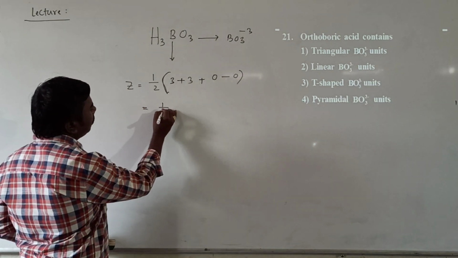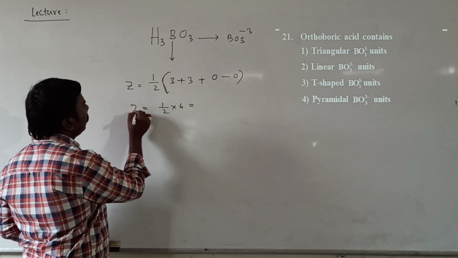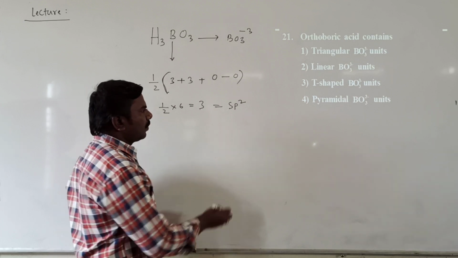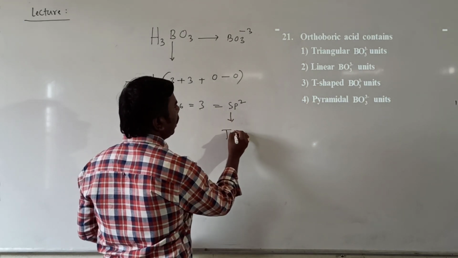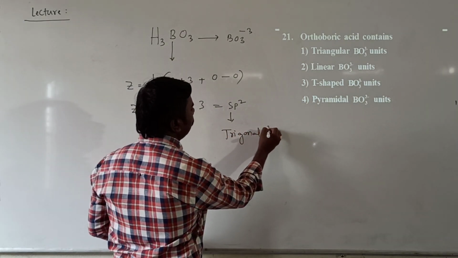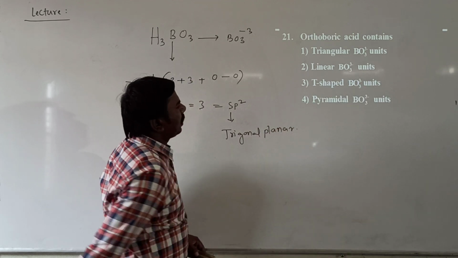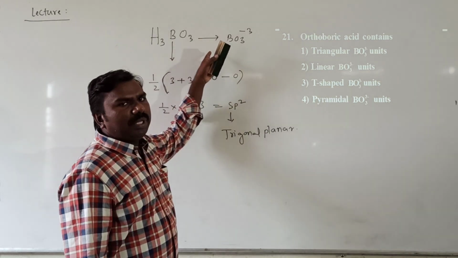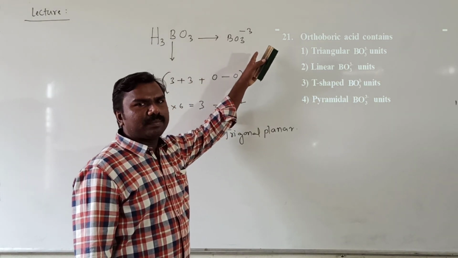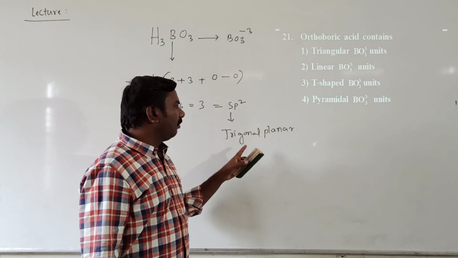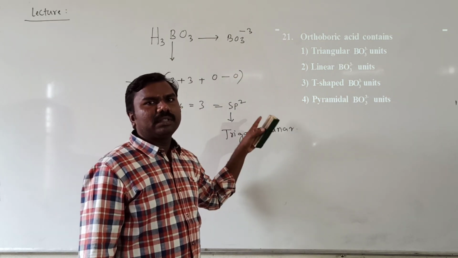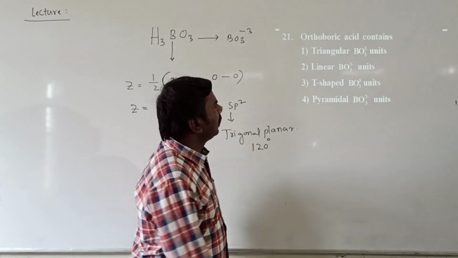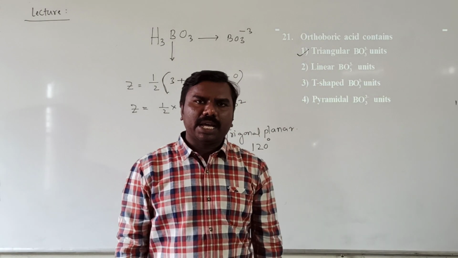Half into 6 equals 3, which means sp2, trigonal planar. H3BO3 contains BO3 3- units with triangular planar shape, sp2 hybridization, bond angle 120 degrees. Answer will be option A.